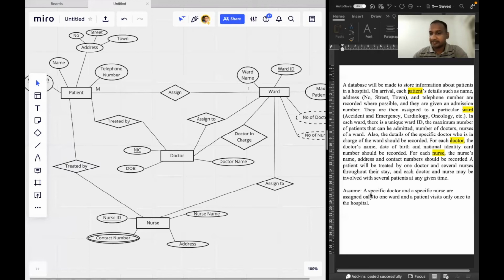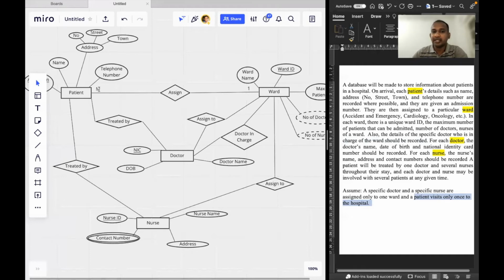But in the assumption it is mentioned that a specific doctor and specific nurses are assigned to only one ward, and a patient visits a hospital only once. That means once you come to the hospital, you are assigned to only one ward. Therefore, we use the cardinality ratio here as 1, and the other side is many.